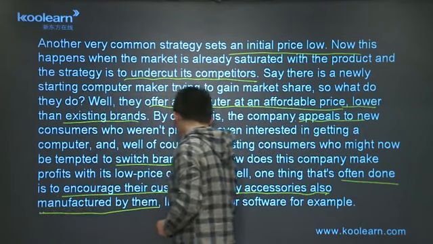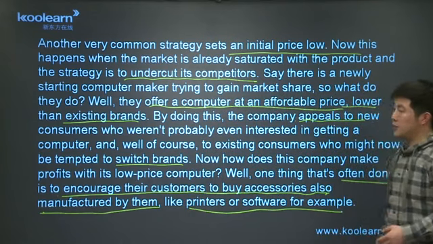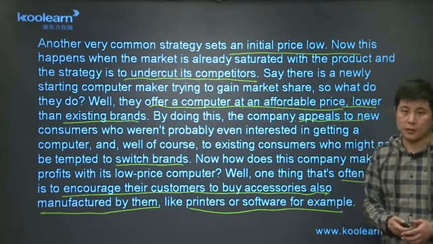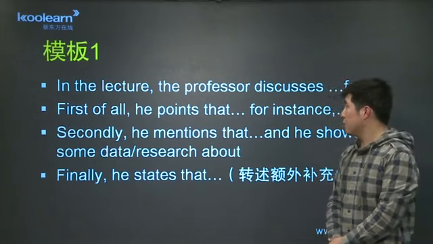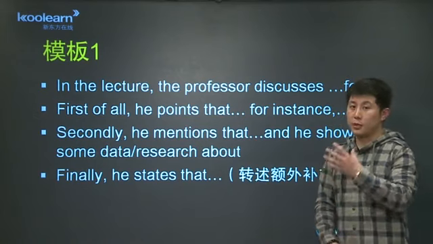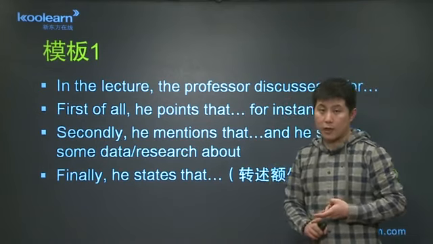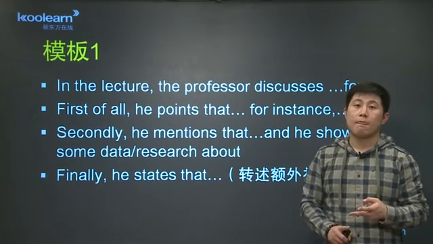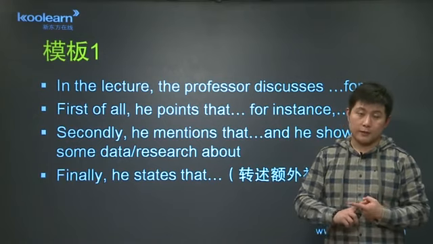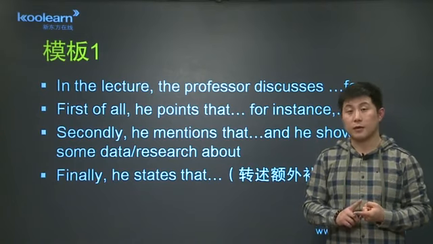They also buy accessories, such as printers or software, for example. These are the points you must mention. Then we use the template to structure the answer. We have 2 strategies, and each strategy has a description, for example how to set initial price for a new product. The first strategy is set initial price high, followed by a lower price.